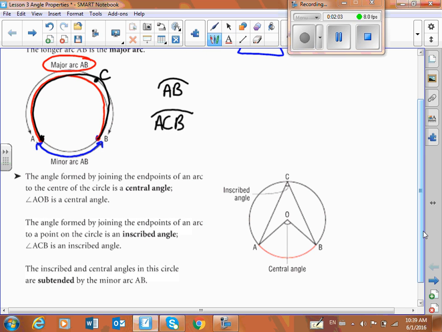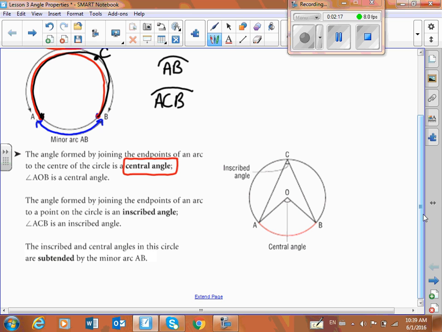Okay. All right, we need arcs because we're going to talk about central angles. So the definition of a central angle is right here. Let's read that. The angle formed by joining the endpoints of an arc to the center of the circle is a central angle. And in our diagram here, we see angle AOB is a central angle. Again, when you're reading your angle instructions, angle AOB, this is directions. Put your pen on A, go to O, and then go to B. The middle is always the vertex of your angle.